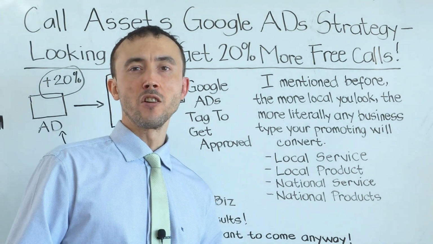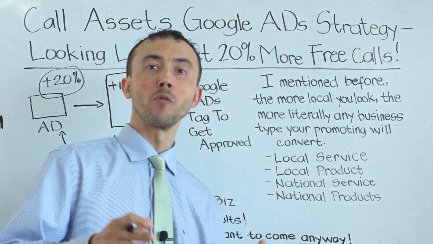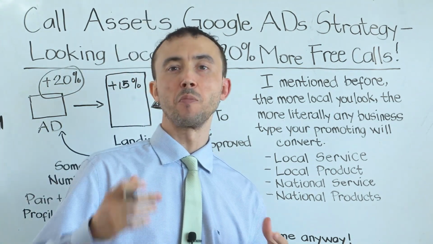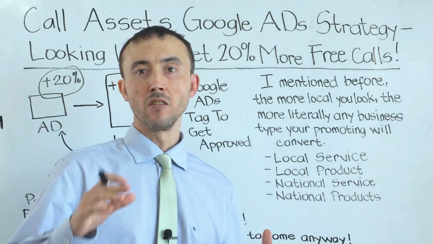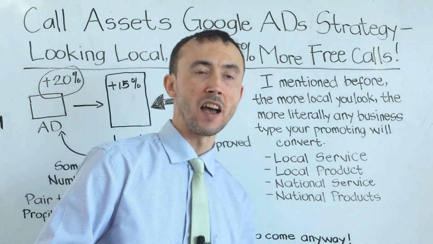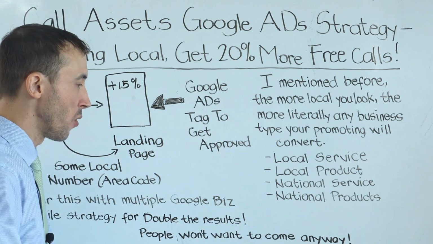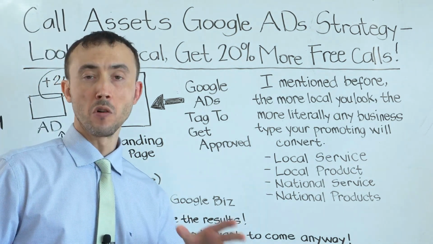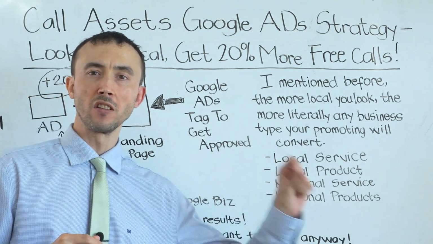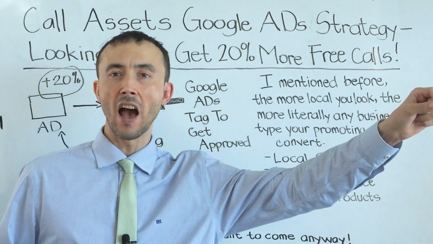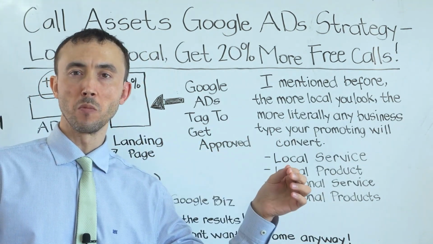So now that you understand the benefits of these local phone numbers, essentially getting you a better response rate from the people calling from the call extension itself and the people clicking through your ads at a higher rate, how do you actually do this? Before, Google had it so that whatever call extension or phone extension you had on your ad, if you did not have that phone number listed on your website, your call extension would get disapproved.